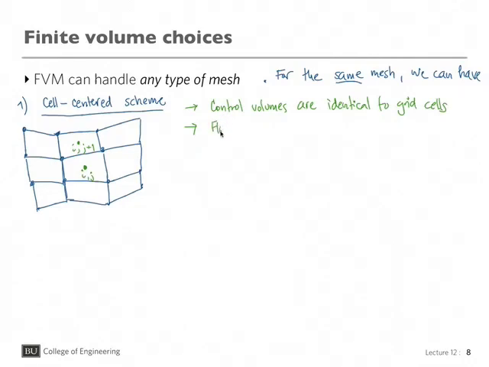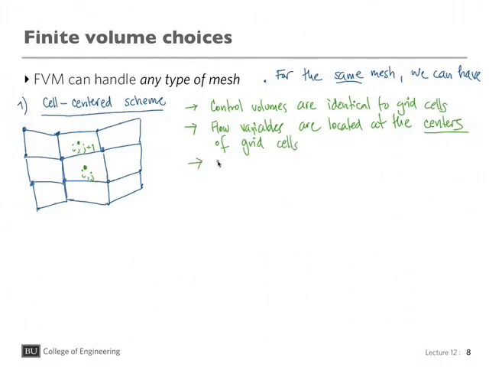All the flow quantities are located at the centers of the grid cells, and the grid lines define the control volume surface.